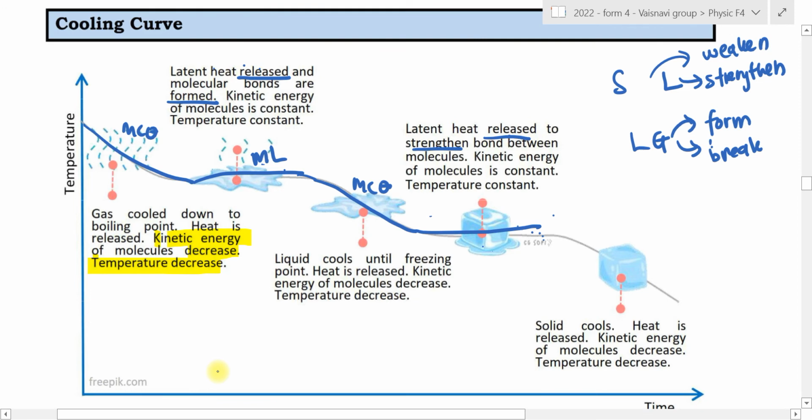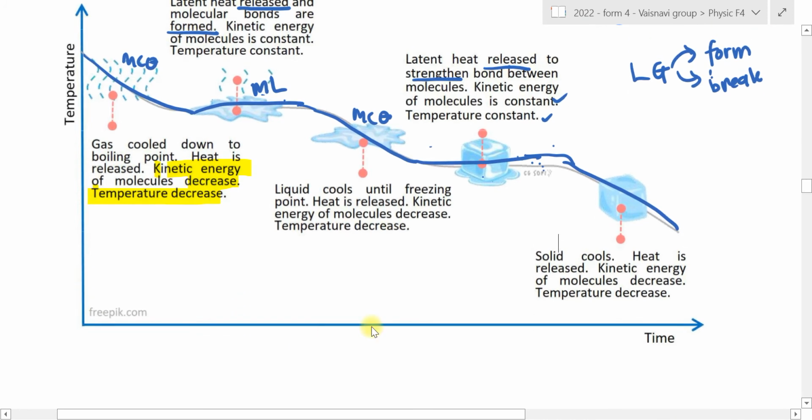So kinetic energy of the molecule is constant, temperature is constant. Okay, now it is solid. Solid cools, heat is released, kinetic energy of the molecule decreases because you are cooling off. So the temperature decreases.